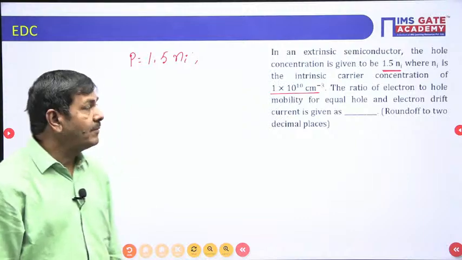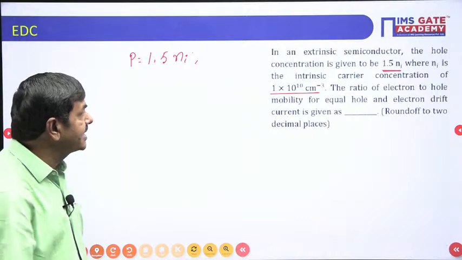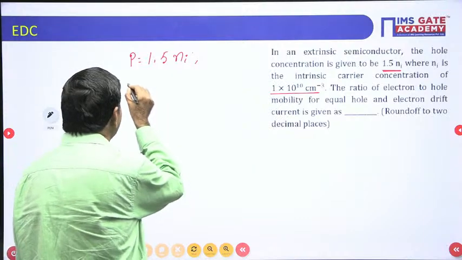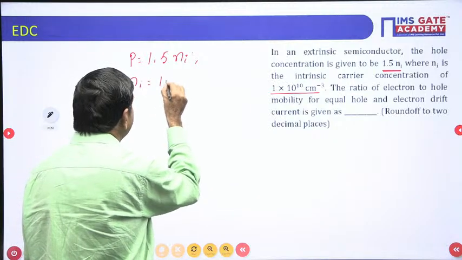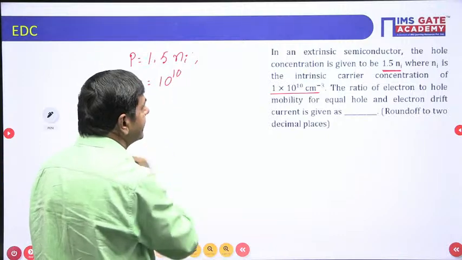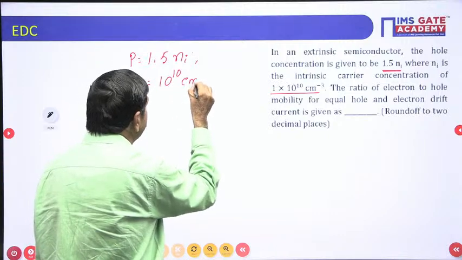Directly I can write 10 power 10 per cm cube.